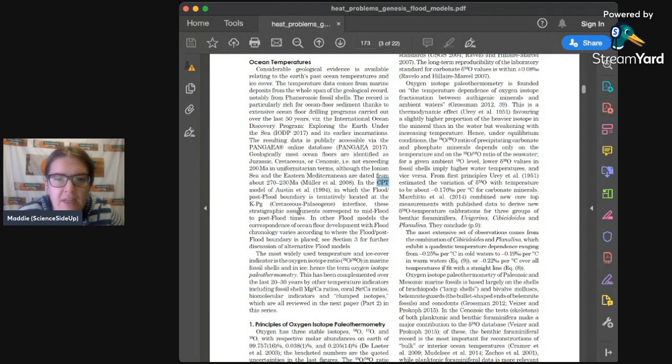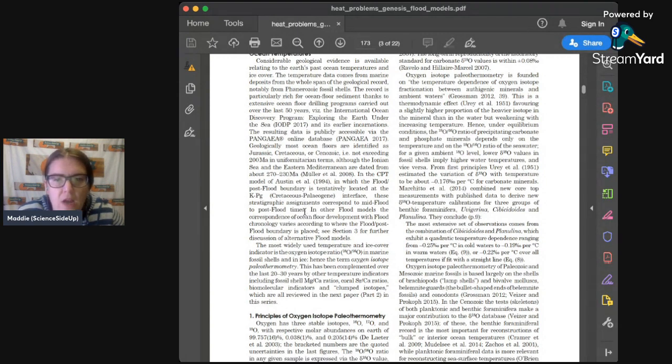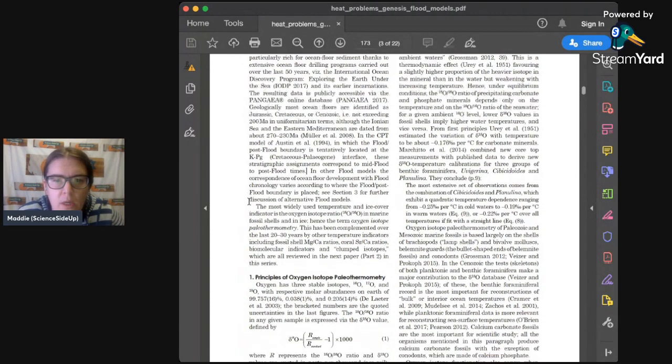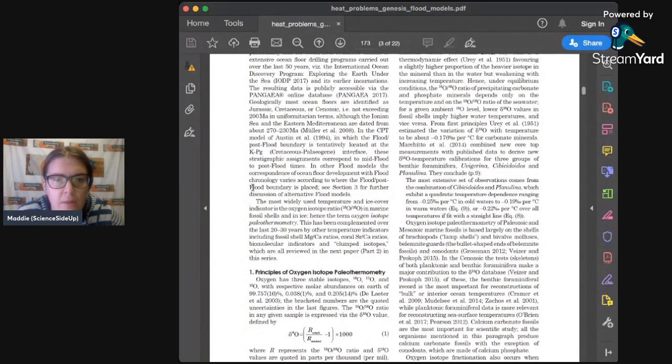These stratigraphic assignments correspond to mid-flood and post-flood times." Goodness. "In other flood models, the correspondence of ocean floor development with flood chronology varies according to where the flood post-flood boundary is placed. See section 3 for further discussion of alternative flood models."